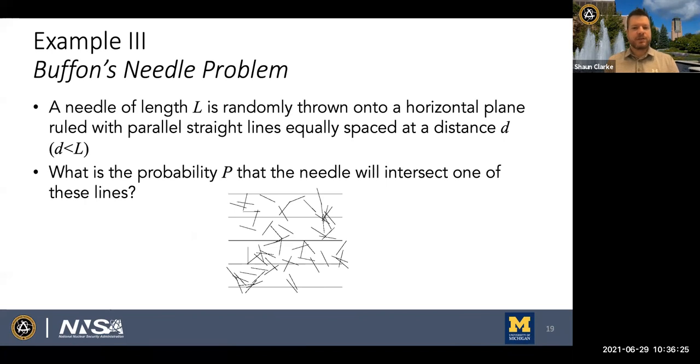The problem is set up like this. There's a needle. You can think of needles that are a constant length, so length L, and they're randomly thrown onto a horizontal plane with parallel straight lines. You can imagine a hardwood floor or some type of floor that has planks.